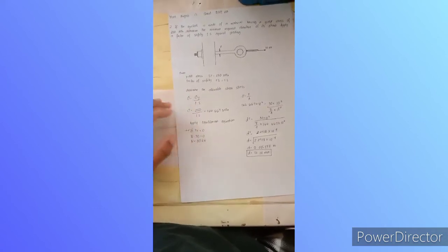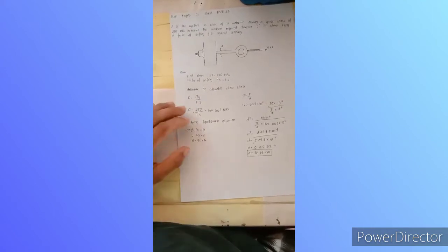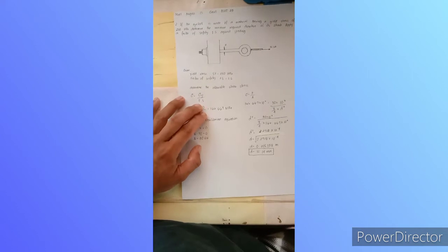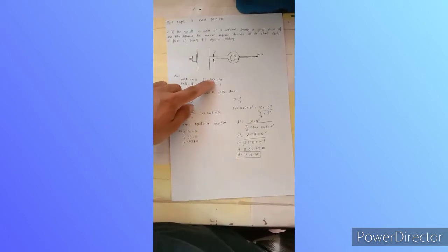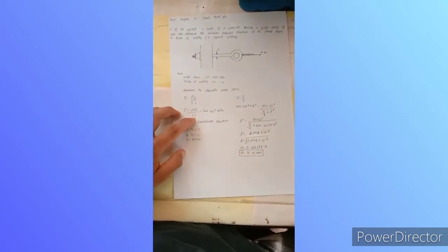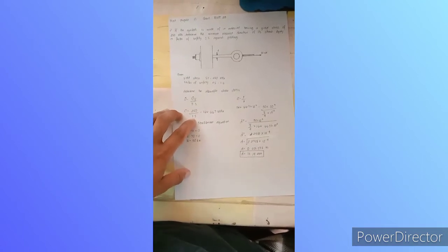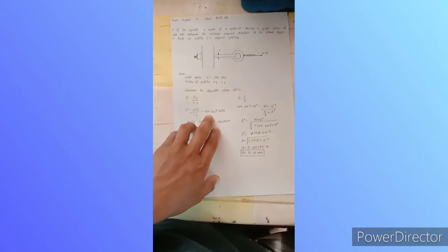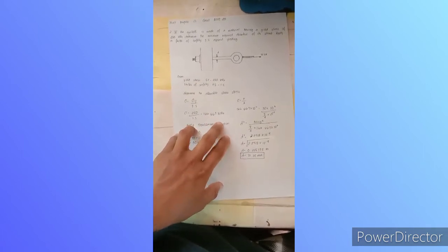So determine the allowable stress: stress is equals to stress Y all over Fs. So our stress is equals to 250, which is our yield stress, 250 megapascal, all over 1.5, the factor of safety, is equals to 166.667 megapascal.